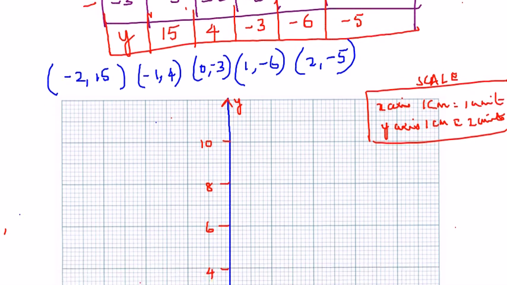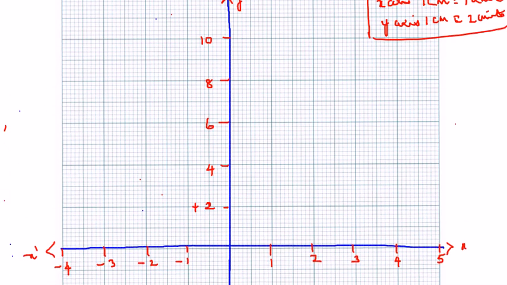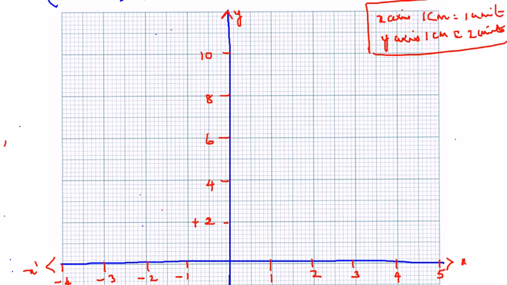My first point is minus 2 comma 15. So x is minus 2 and y is 15. I assume it is somewhere over here, because there's no space in my graph, but I'm sure in your graph you can go further. This is only a sample graph.